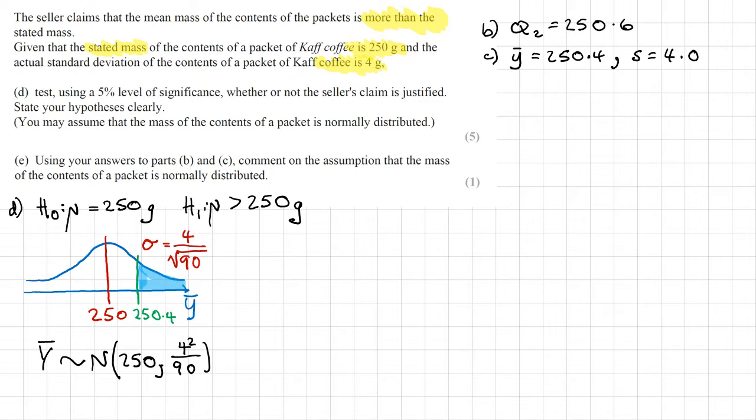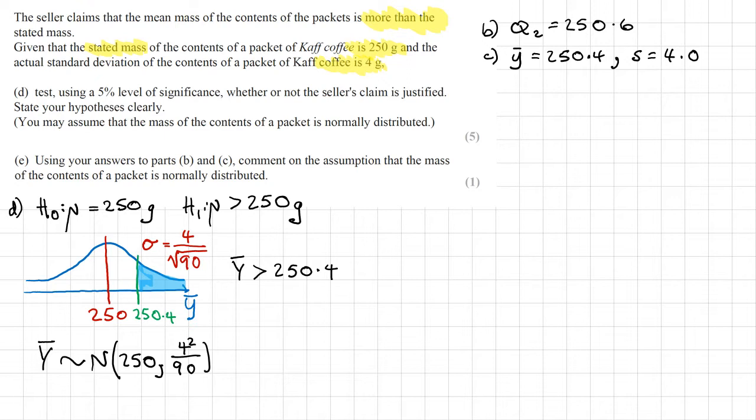The other way is that you work out the area above 5%, find that critical value and compare it to 250.4. So my calculation is going to be this. Since it's an upper tail test, I want to find the probability that the mean is greater than 250.4. In other words, find that area.